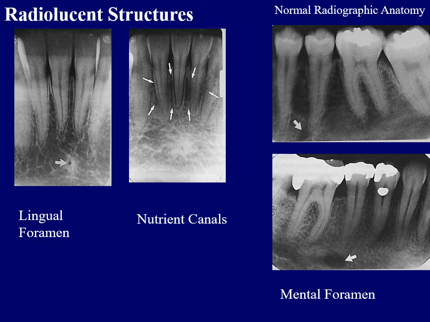Of course, it has variable appearances, although the wall of the foramen is of cortical bone, or corticated. As shown with both the images, the appearance of the mental foramen is varying. Usually it is seen at the apex of the second premolar, and it is about halfway between the lower border of the mandible and the crest of the alveolar process.